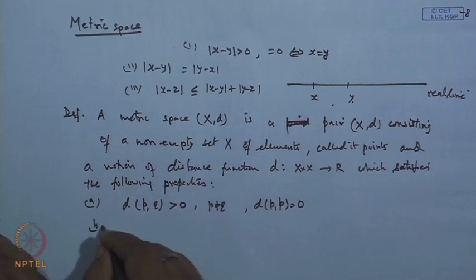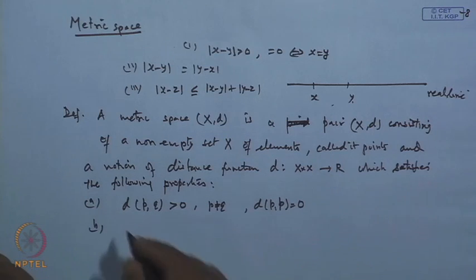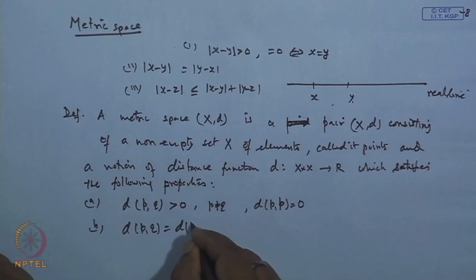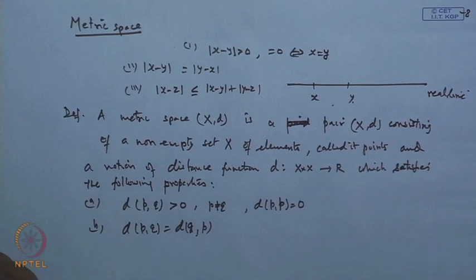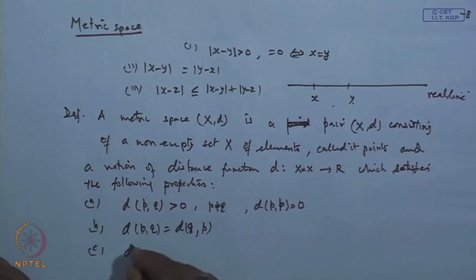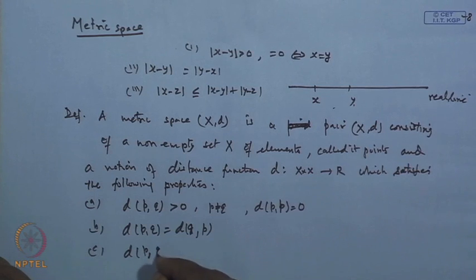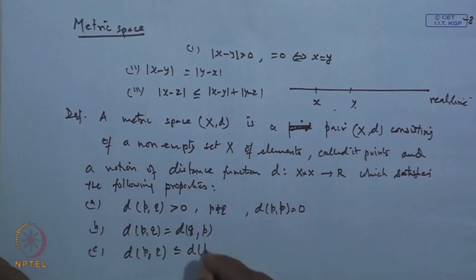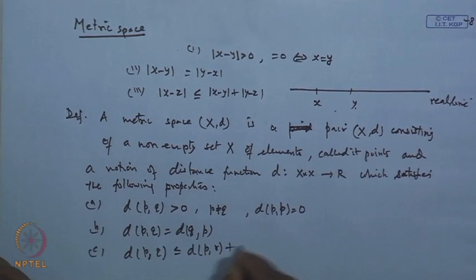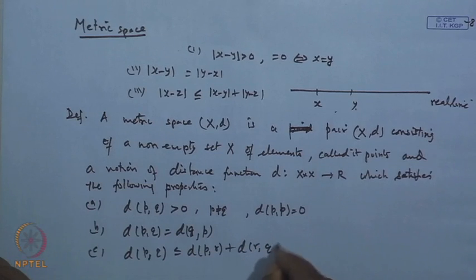Second, d of p q is the same as d of q p. Then third, d of p q is less than or equal to d of p r plus d of r q.